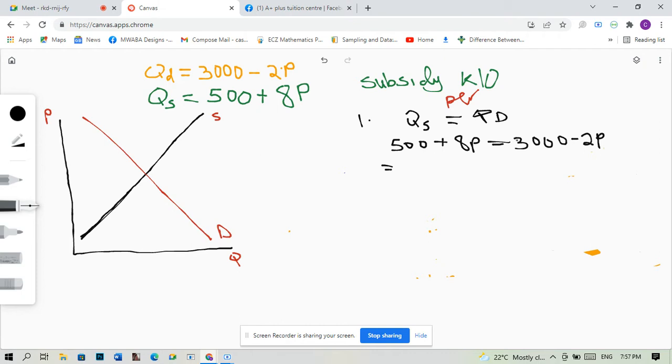All right, so we're going to group like terms together. So we take this -2P over the equal sign, and this 500 will also go over the equal sign.